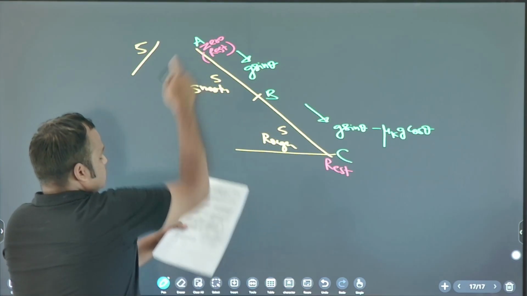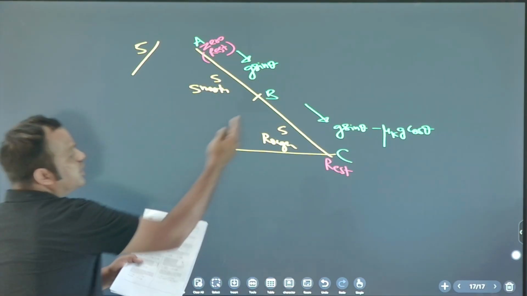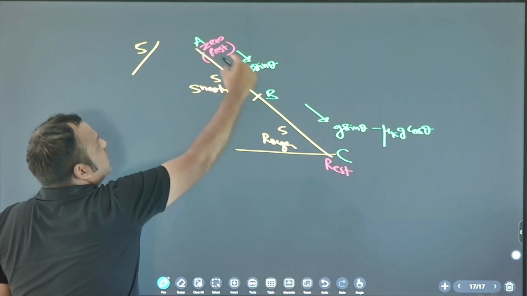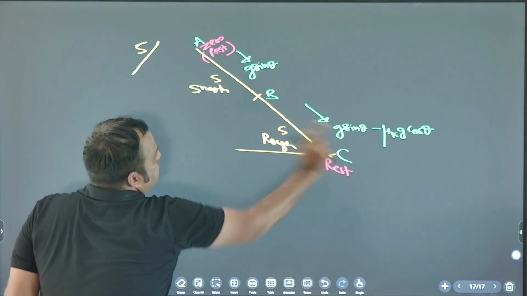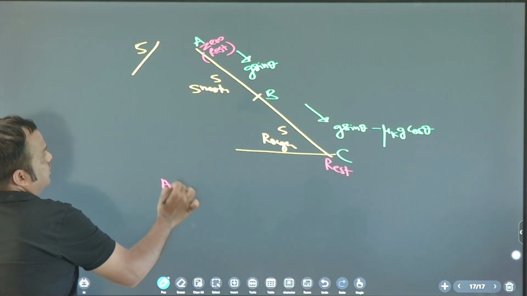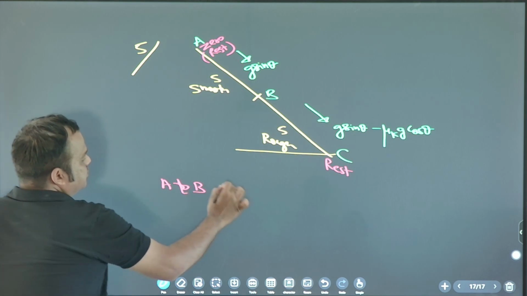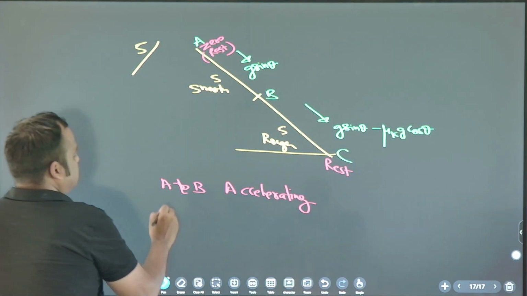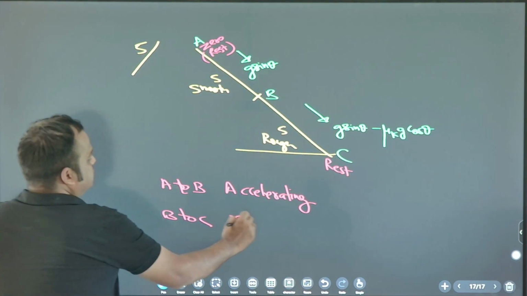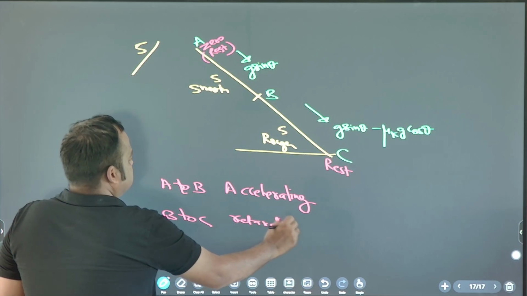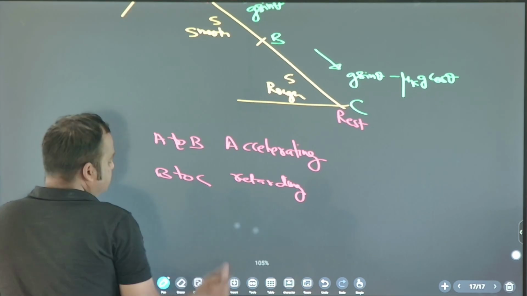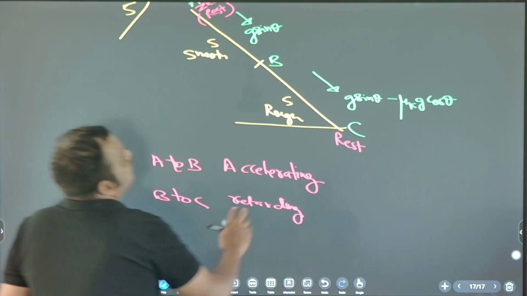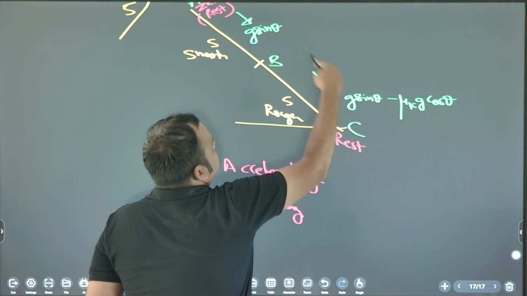At the top, again comes to rest. So A to B it is accelerating, B to C retarding. Okay, understood? So acceleration is up actually, not down.